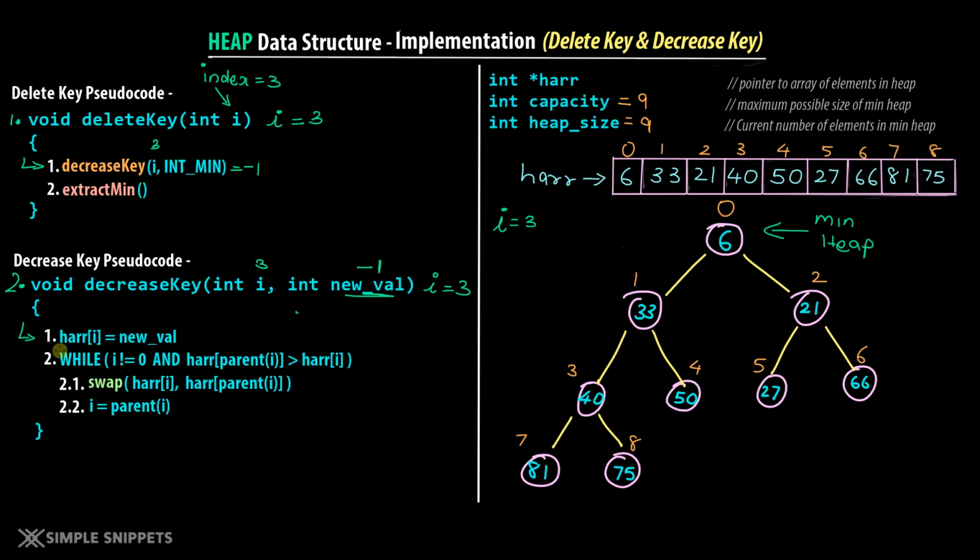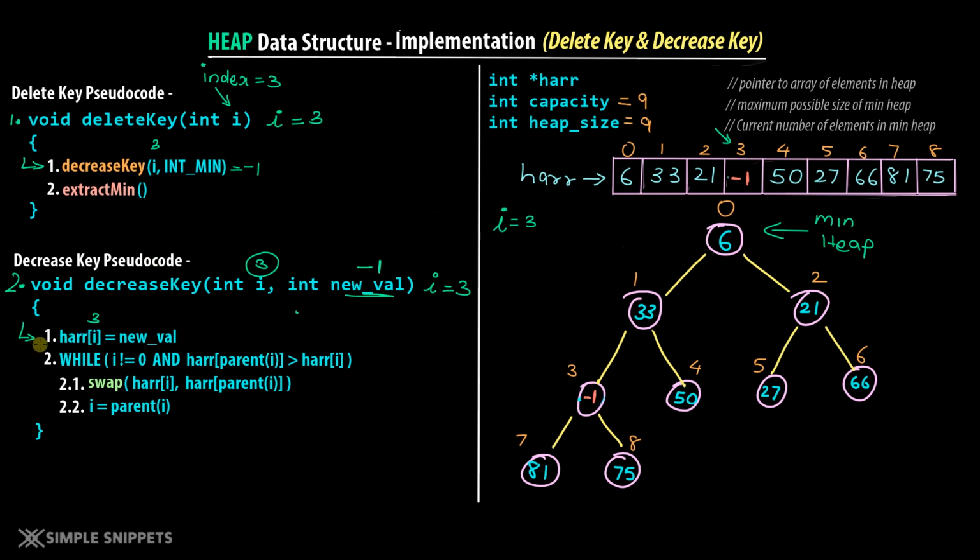Inside, we say h array of I equals this new value. So I is 3, right? So h array of 3 is going to be this index position, and we are assigning this new val over here. Let's make those changes in the array as well as over here. So we say -1 over here and -1 over here as well. Okay, so first step done.